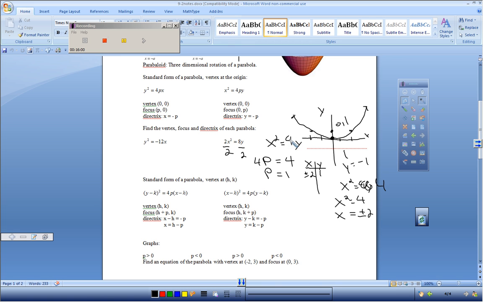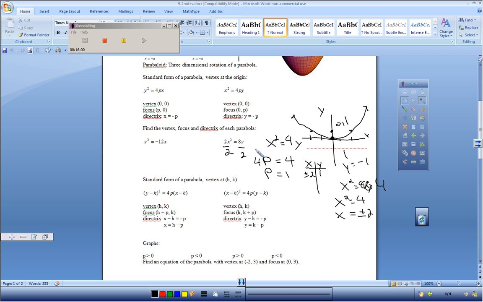Generally speaking, if this number is a big number, then your parabola is going to be wide. And if this is a smaller number, like a number less than 1, then it's going to be a skinny parabola.